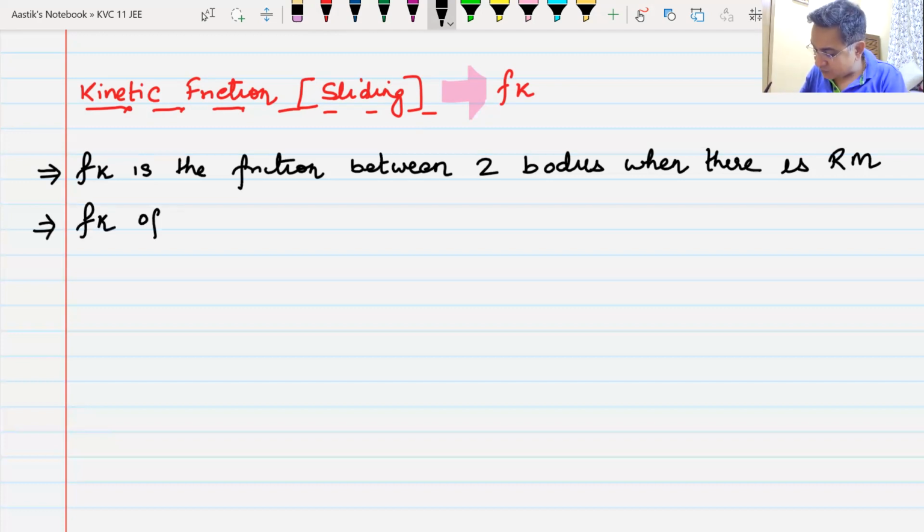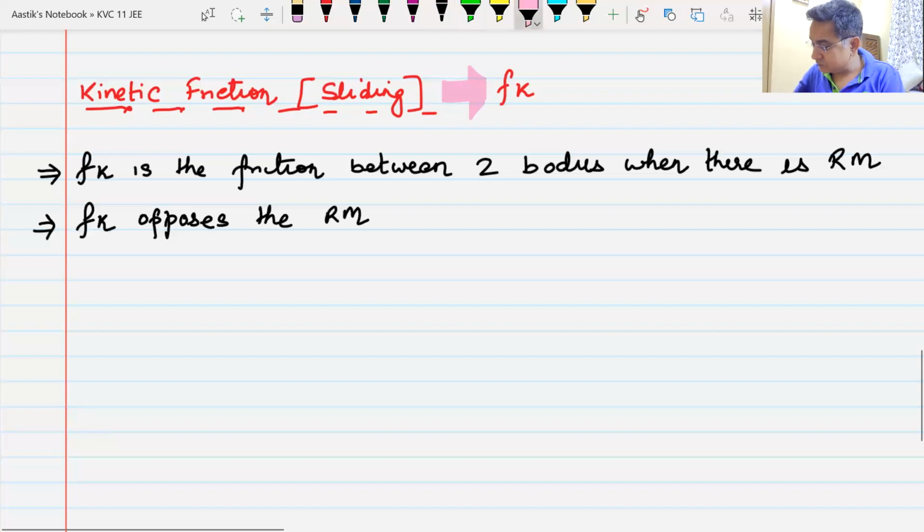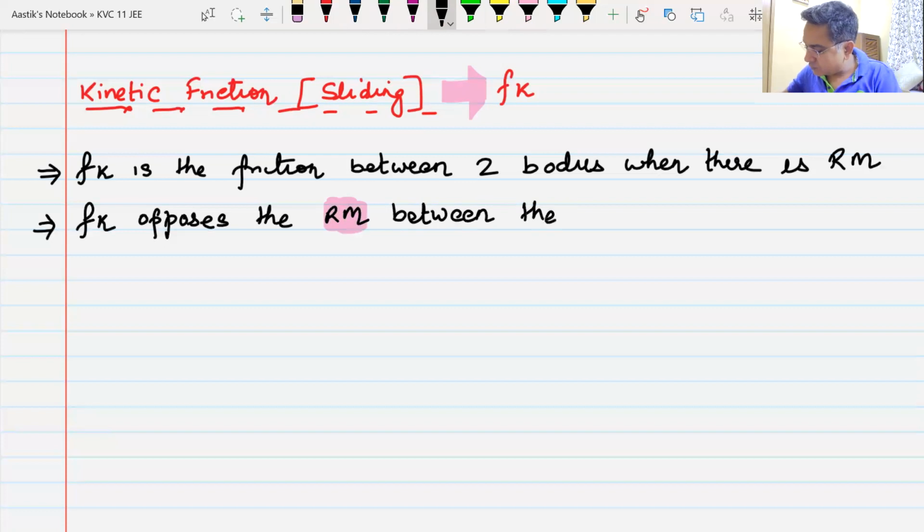Fk opposes relative motion. It opposes the relative motion between the two bodies. Remember, it does not oppose motion; it opposes the relative motion that is happening between the bodies.